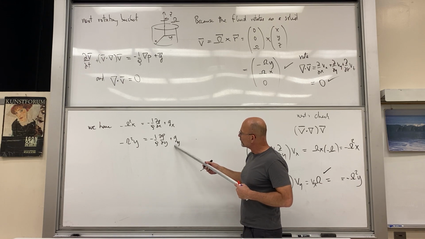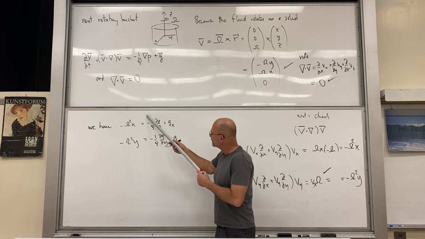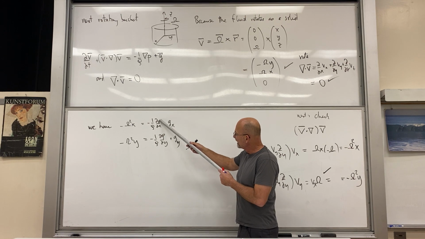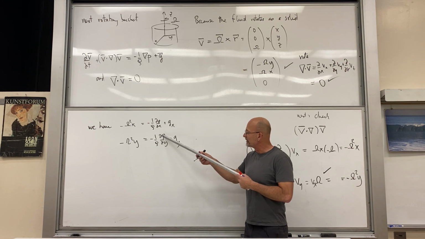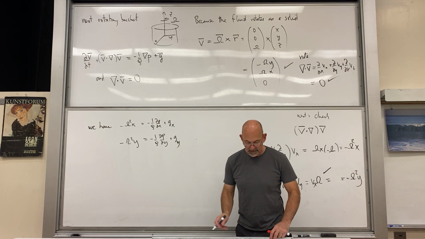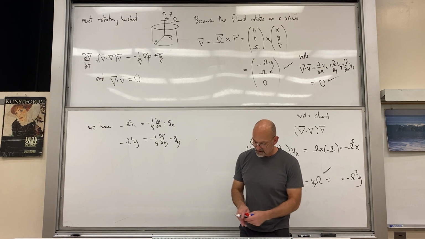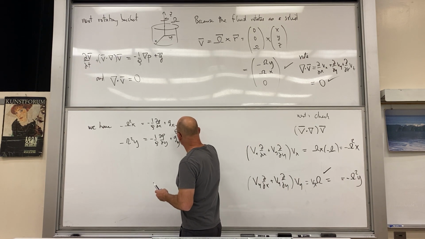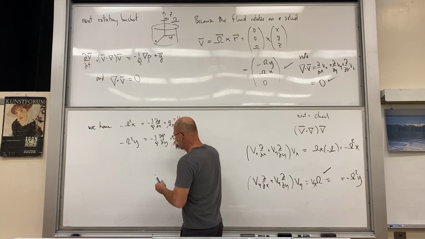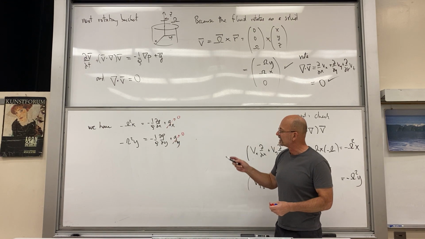So those are going to drop out, and we now have a differential equation for p with respect to x and p with respect to y. So remember, g only had a g sub z, so that's 0. But now we can integrate this.